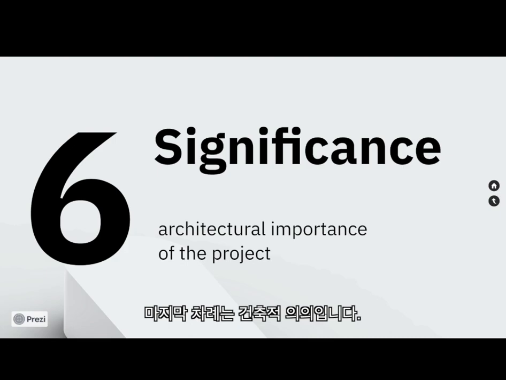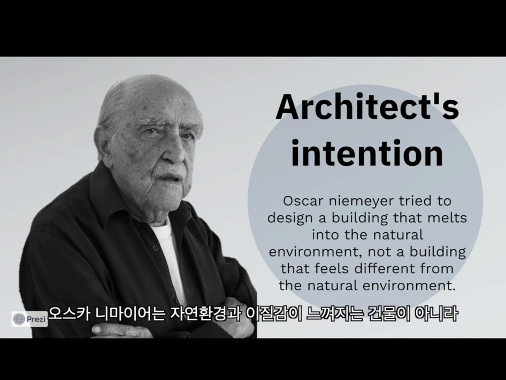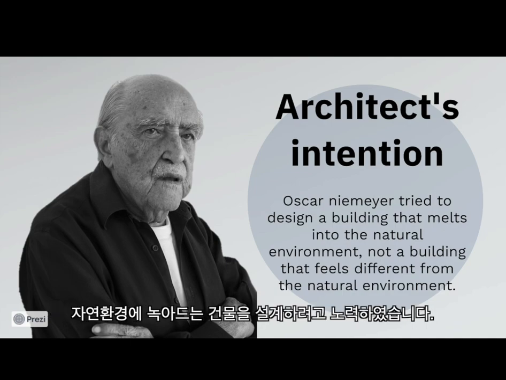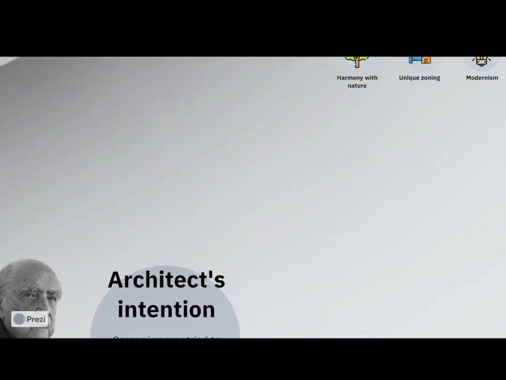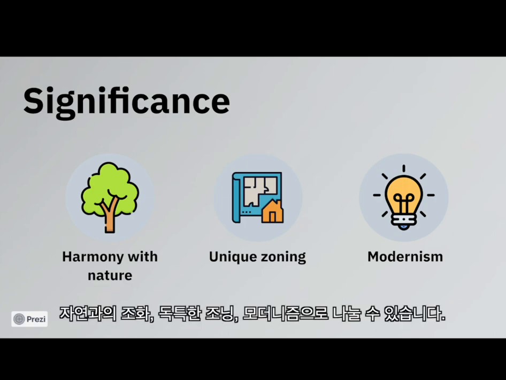This is the last chapter, architectural significance. First, the architect's intention. Oscar Niemeyer tried to design a building that melts into the natural environment, not a building that feels different from the natural environment. It can be divided into three keywords: harmony with nature, unique zoning, and modernism.